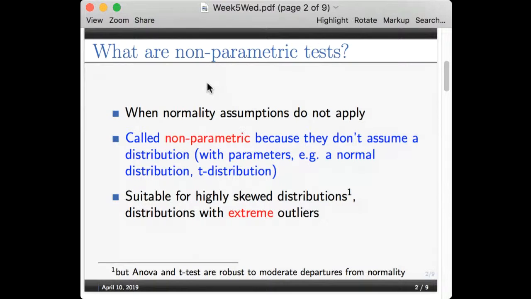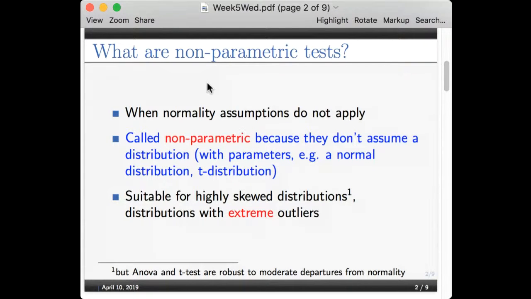What they're suitable for are really highly skewed distributions, or distributions with extreme outliers. And the reason for that is that if you've got enough data, your data set's not too small, then if you have non-normal data, your sampling distribution will be approximately normal by the central limit theorem.